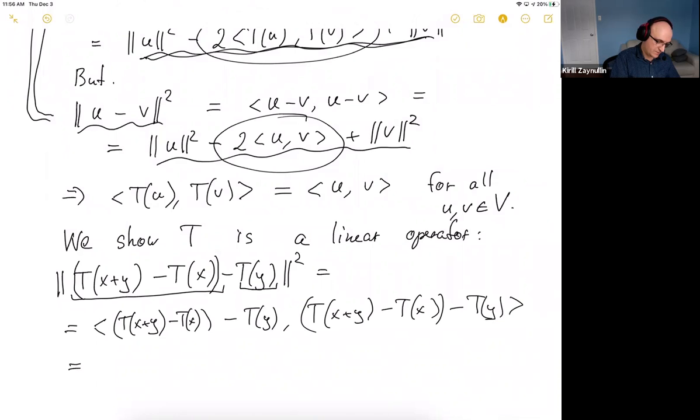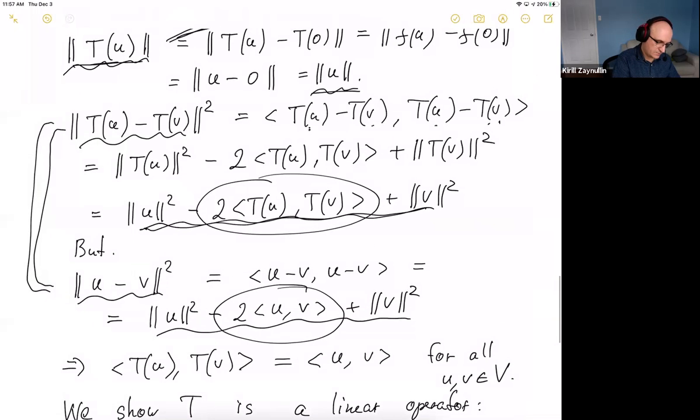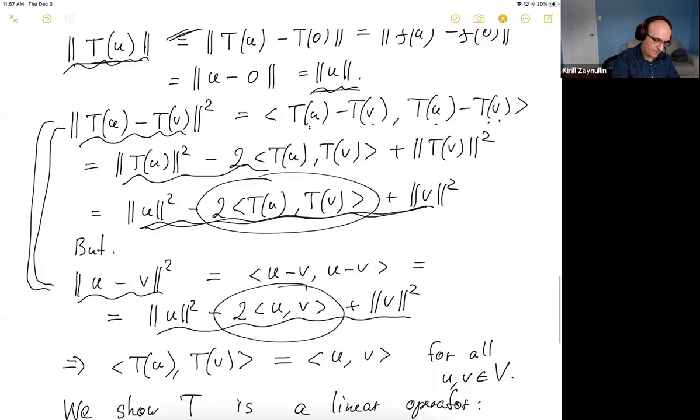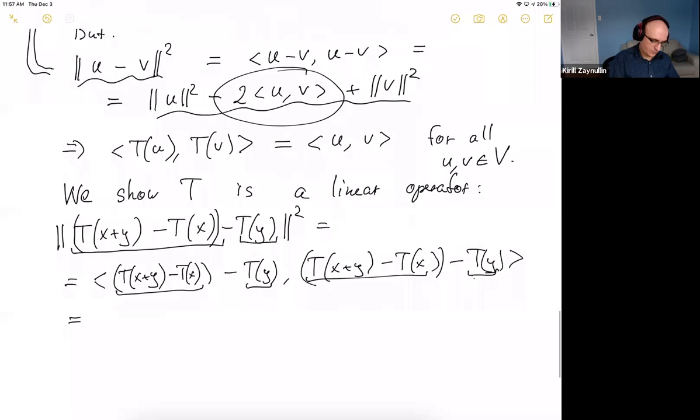Then I can expand it, like this is one vector, another the first one, the second one, similar to what I did here. And what do I get? I get again this times this, which gives me the square of the length of this.